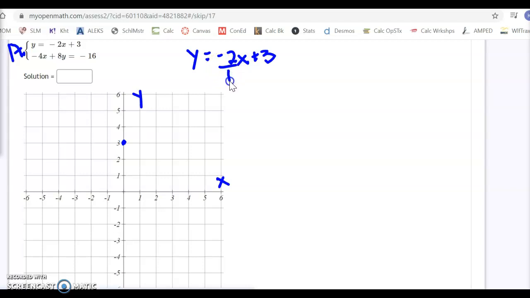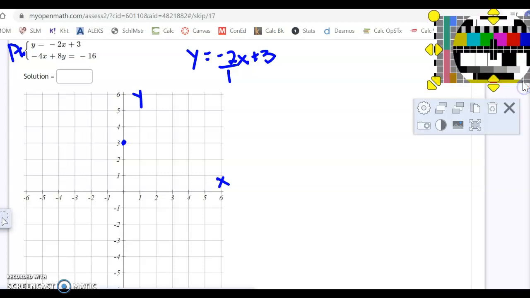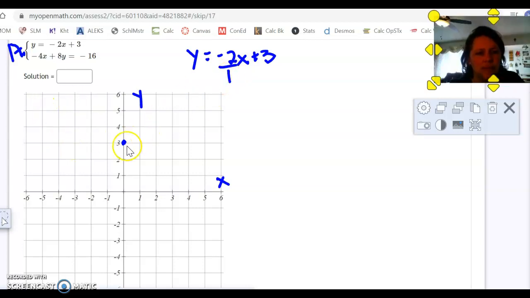However, your slope is only directions. I want to make it into a fraction. And then we're going to follow the directions of that slope. So we start at 3. We're going to go down 2. Why are we going down? We are going down because our slope is negative.